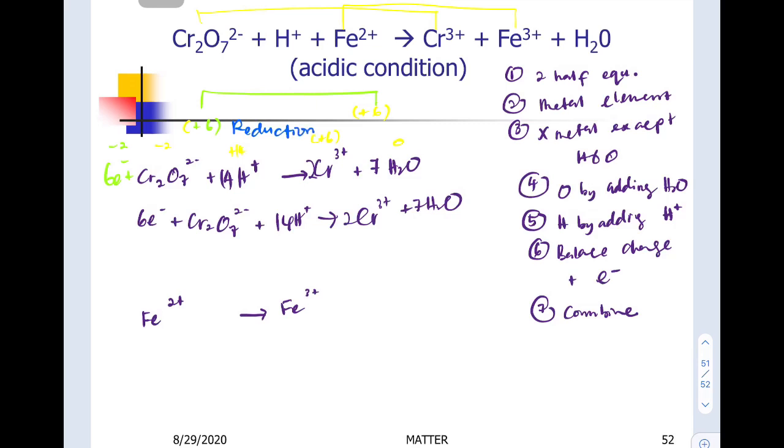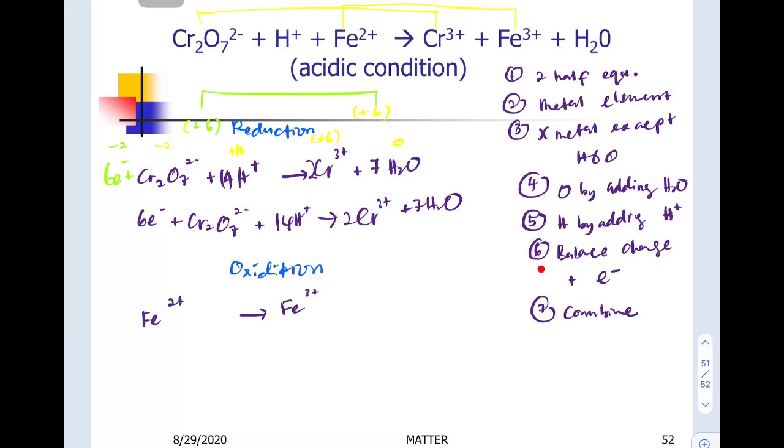The other half equation will be the oxidation equation. So follow the same steps. Balance the metal element. We have only iron and iron, so we have one at the left, one at the right. So they are balanced. We don't have any other elements, so we just skip steps number 3, 4 and 5.